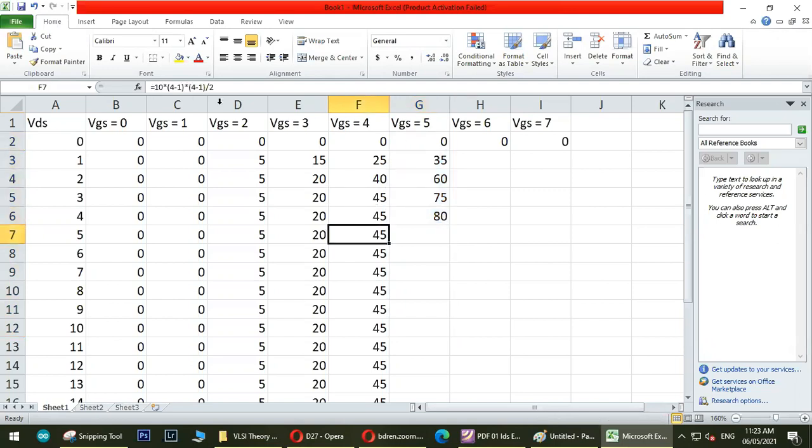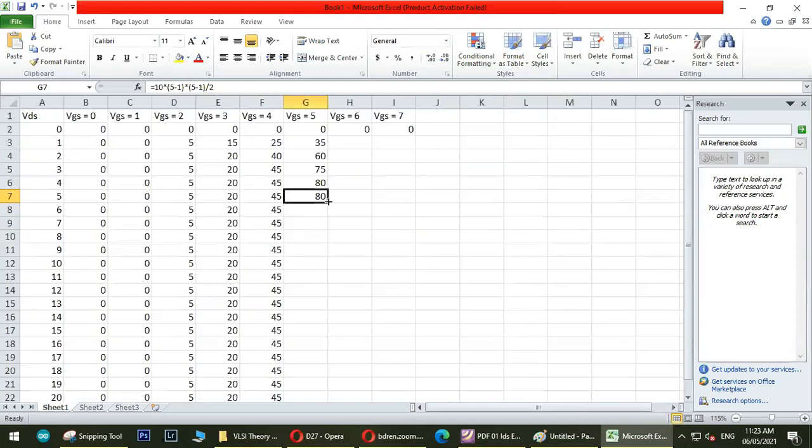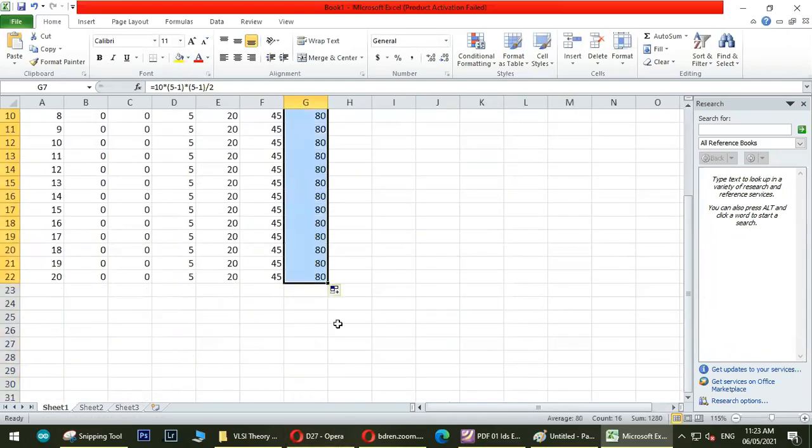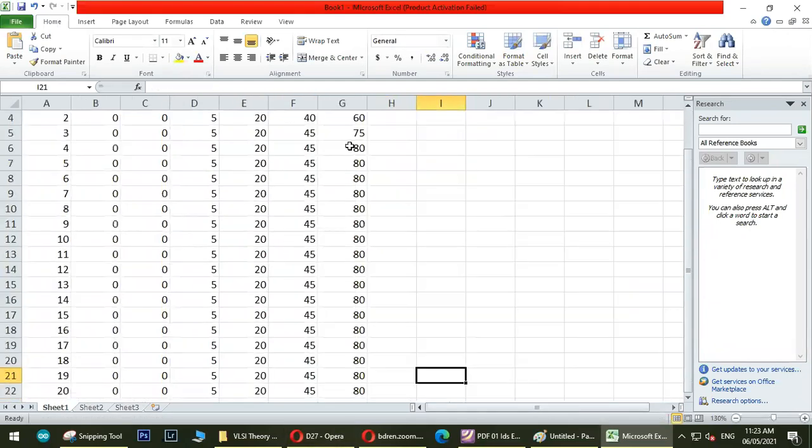After that, you have to use the saturation formula, right? Yes, sir. Here in this case, we have to use 5 because our VGS is equal to 5.